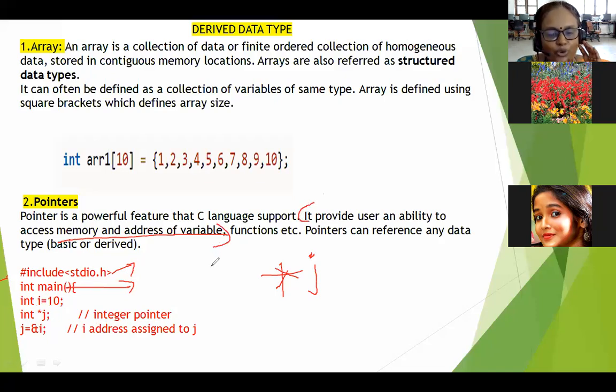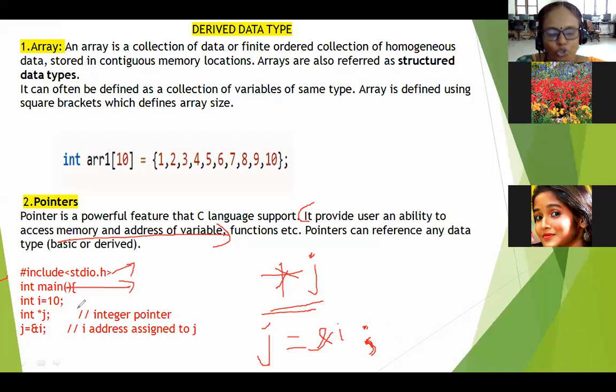It provides the user an ability to access the memory and address of the variable. So asterisk, that is the integer pointer variable, and j equal to ampersand of i. That is the address. I can access the variable through the address, memory and address of the variable.